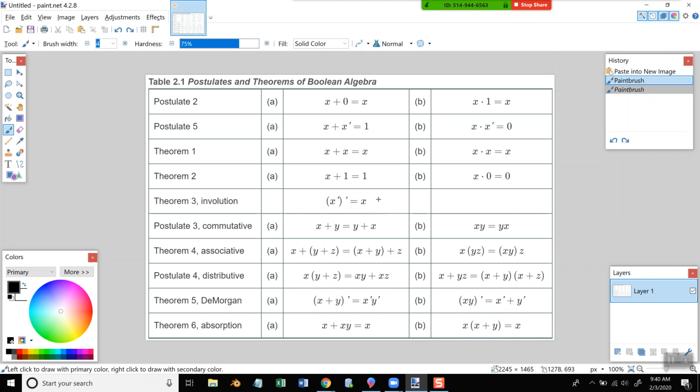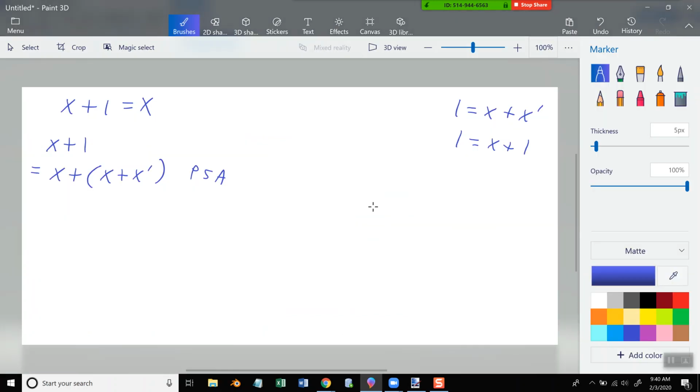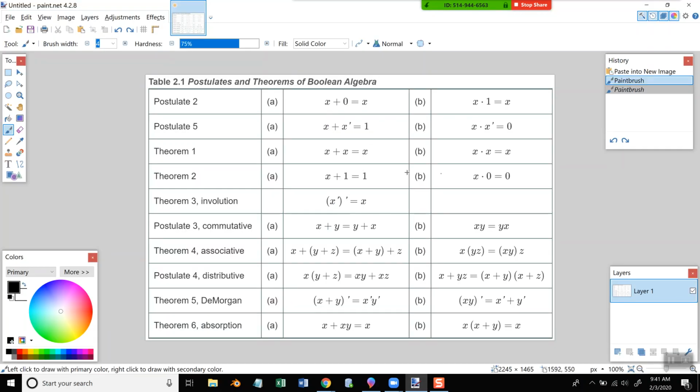Can't believe I'm stuck already. Since there's a plus, I suppose those parentheses don't have to be there. I wonder if that would help us. That's not really a postulate. Parentheses aren't necessary if this is a plus. So how about if I focus, I think I got something that's x or x plus x, from, that's a theorem. Shoot.